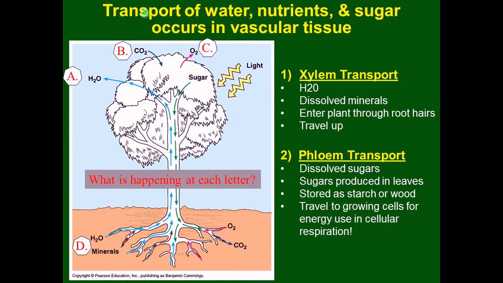Let's get into the biomechanics of how vascular plants transport water, nutrients, sugar. So xylem transport typically has water in it, also a few different ions, such as dissolved minerals. They enter the plant through the root hairs and they travel up.